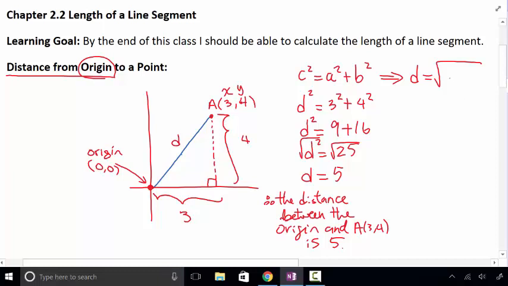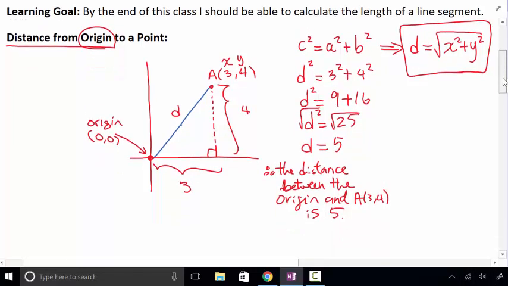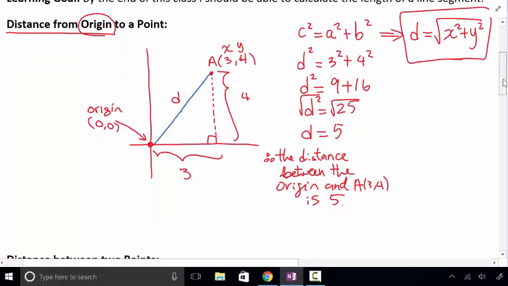So my formula is going to be x squared plus y squared, all under the square root. And so that's going to be my formula to find the distance from the origin to a point. Okay, so let's do a couple examples here and see if we can use this formula properly and get the answer.